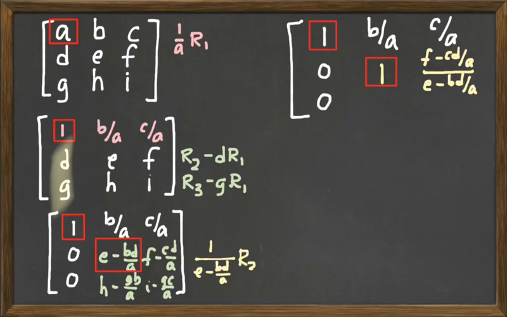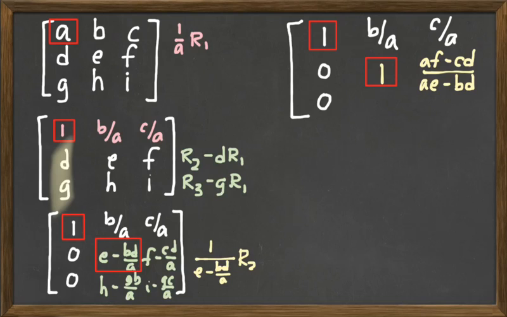Let's make it into a simple fraction again by clearing the denominators on top and bottom, multiplying them all by a. So if I multiply the top and the bottom of this thing by a, I'm going to get on the top af minus cd. Just a lot nicer to look at. And when I multiply by that same a in the denominator, I'll get ae minus bd.